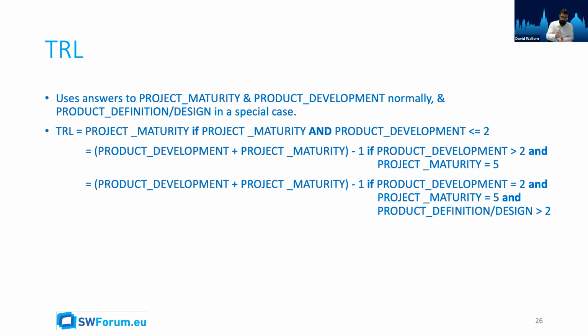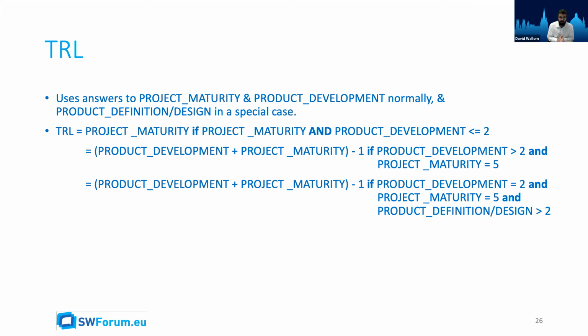TRL? We've essentially got a little bit of maths here to describe how this is done. The TRL, as I mentioned, is actually calculated from the answers to the project maturity and product development questions, with, in a special single case, the answer to product definition and design also being included.